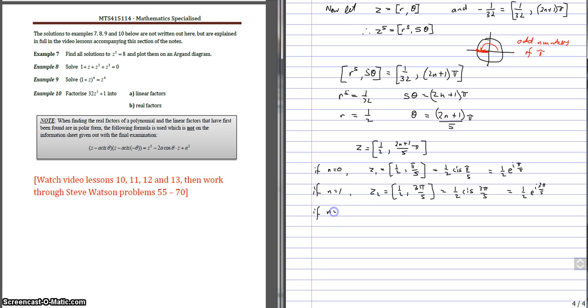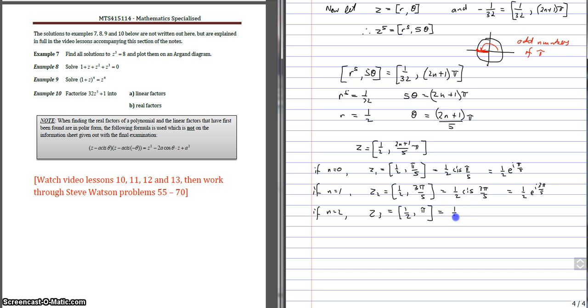If n equals 2, then we have z3, our third solution. It's a half, and then it's 2 2s are 4, plus 1 is 5 on 5, that's 1 pi, or just pi.